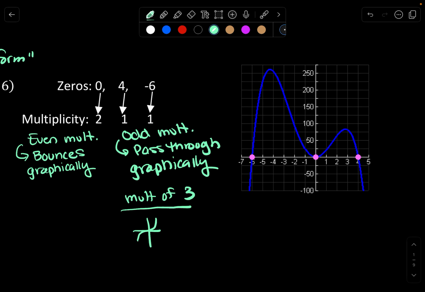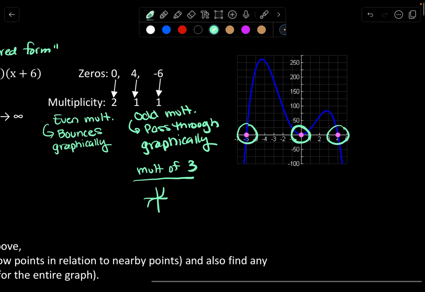We can see that with a multiplicity of 2 at 0, it does have that bounce where it's positive on this side and it's also positive on this side. So it doesn't pass through the x-axis. It's going to stay the same sign as far as the y values. And then for x equals 4 and x equals negative 6, we see that with the multiplicity of 1, it just passes through.